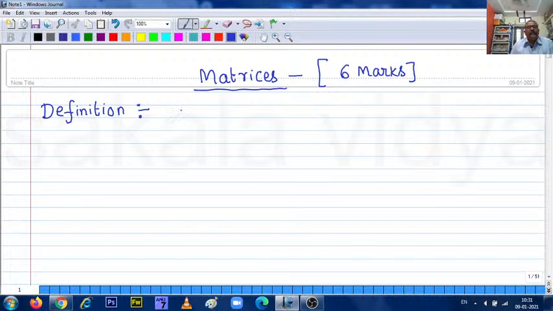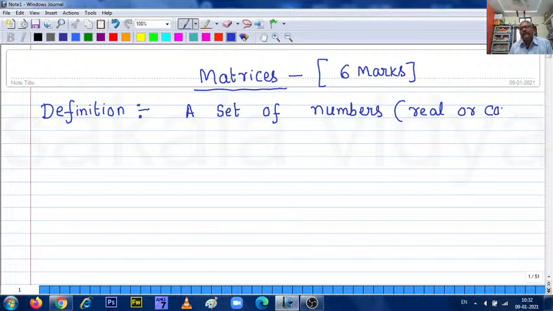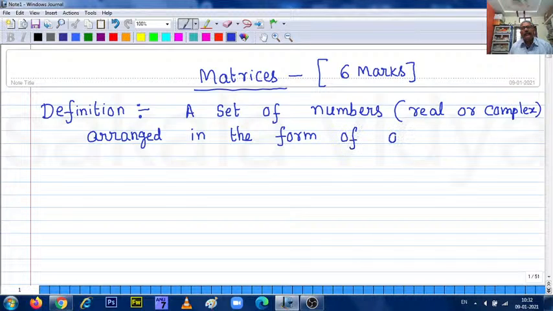So that means a matrix is a set of numbers, real or complex, arranged in the form of a rectangular array having rows and columns.